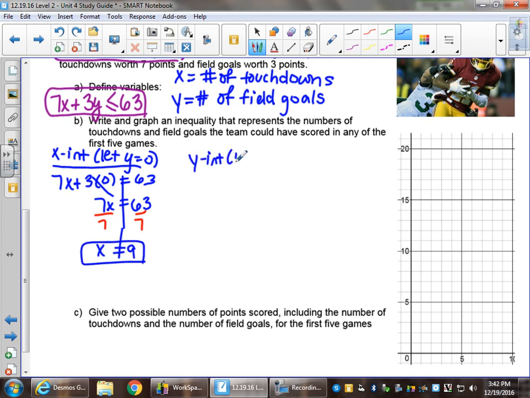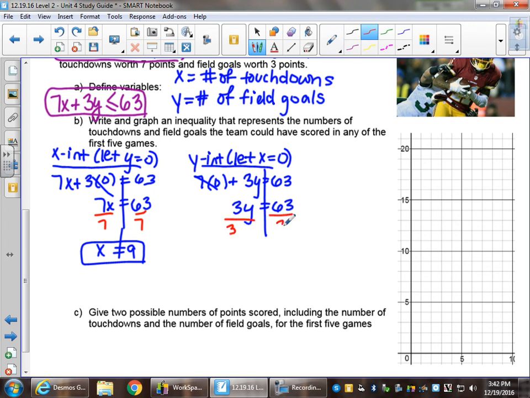Y-intercepts. Let x equal 0. Three y equals 63. Divide by 3. Y equals 63 divided by 3, which is 21.